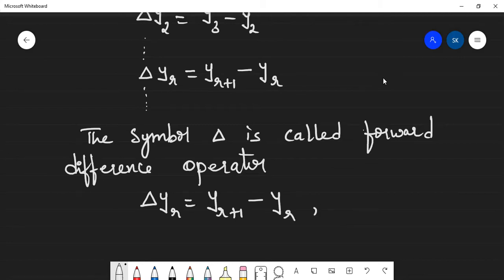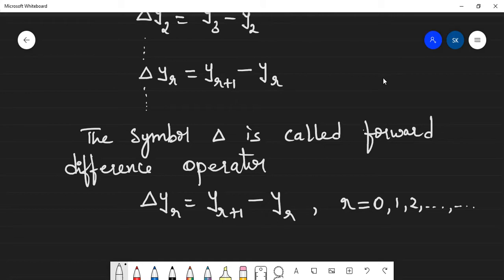The r value I'll change. Since we have x0, y0, I'll write r equal to 0, 1, 2, and so on. This is the general definition of the forward difference operator, the first forward differences.